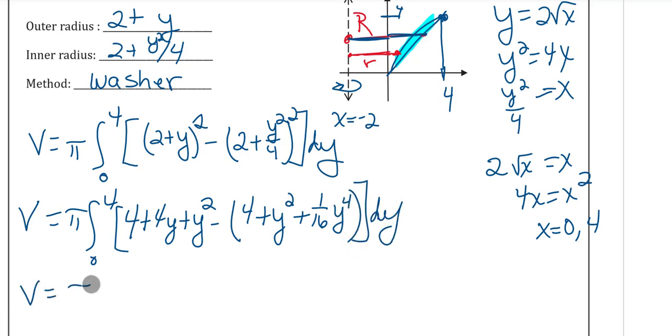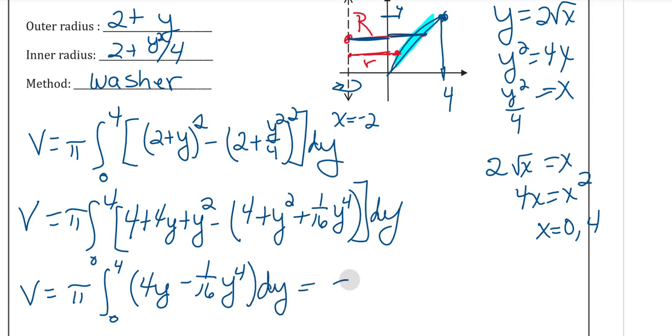Simplifying, we get the volume equals pi times the integral from 0 to 4 of 4y minus 1/16 y to the 4th. Everything else cancels. The 4's and the y squareds cancel.